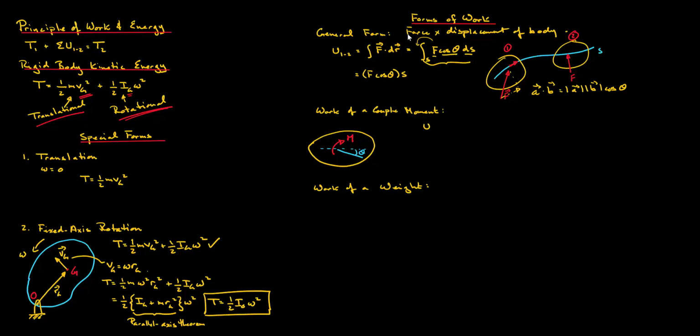So in general form, the work done by the moment is the integral from theta 1 to theta 2, so the original orientation and the final orientation, of M d theta. So we're multiplying the couple moment by the differential angular displacement d theta.